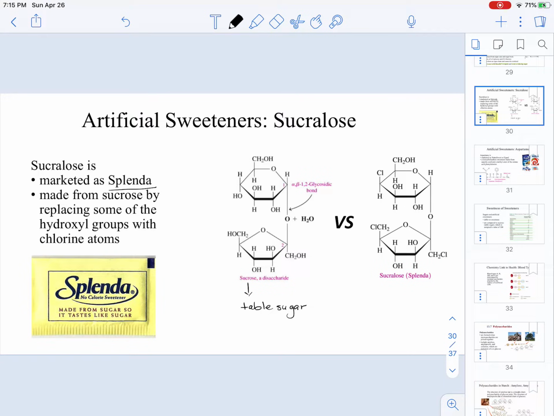And as you can see, the difference between table sugar and sucralose is actually 1, 2, 3 chlorine atoms that are present in the molecule itself. So they just replace those hydroxyl groups by chlorine atoms.